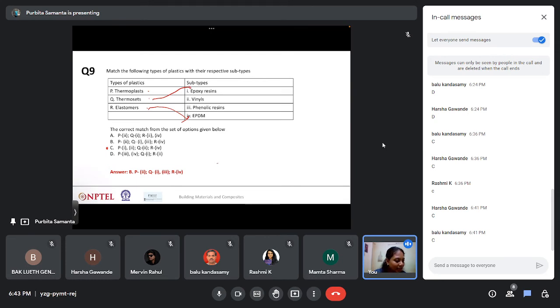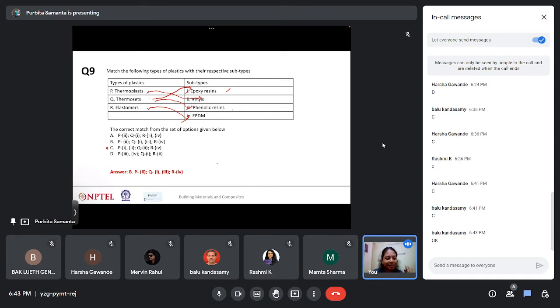So the remaining thermoplasts, one is the vinyl, and then we have phenolic resins. So phenolic resins, once again, epoxy resins and phenolic resins are thermosets only. Okay, so thermosets, we have option 1 and option 3 to be thermosets, and thermoplasts are basically vinyls, and elastomers are EPDM.